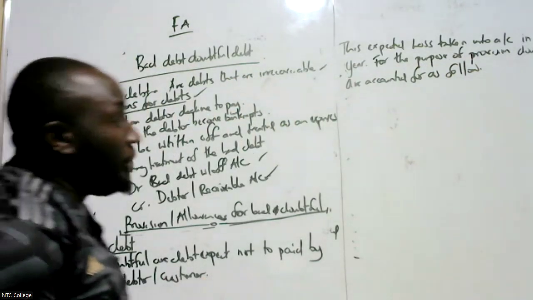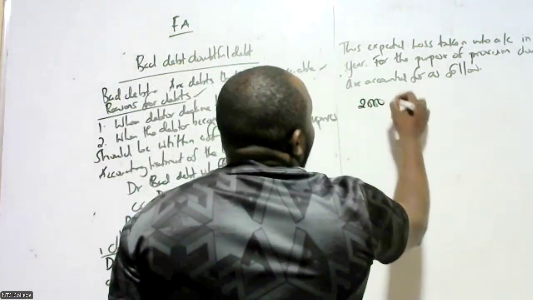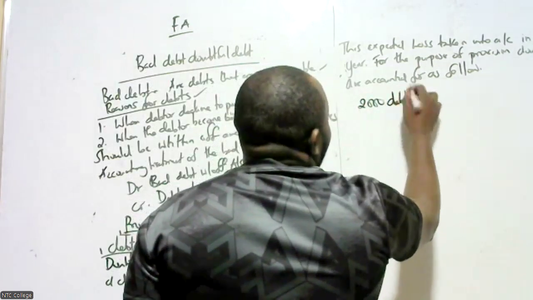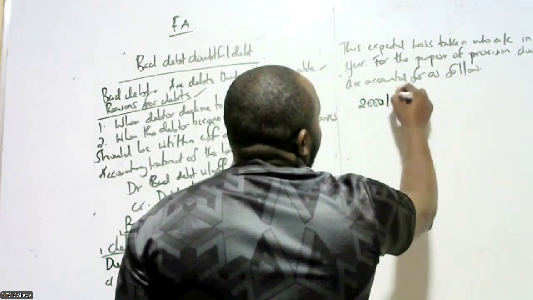Let's say, for example, you made a provision that 2,000 of the debtors will not pay. We just say 2,000 shillings. This is the provision in the trial balance.